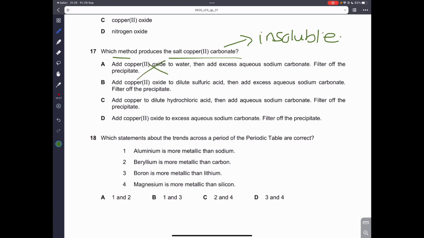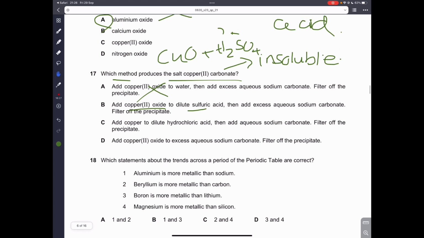Let's look at option B. Add copper-2 oxide to dilute sulfuric acid, then add excess aqueous sodium carbonate and filter off the precipitate. Now this method works because copper-2 oxide CuO and sulfuric acid H2SO4 react to give CuSO4 plus H2O.